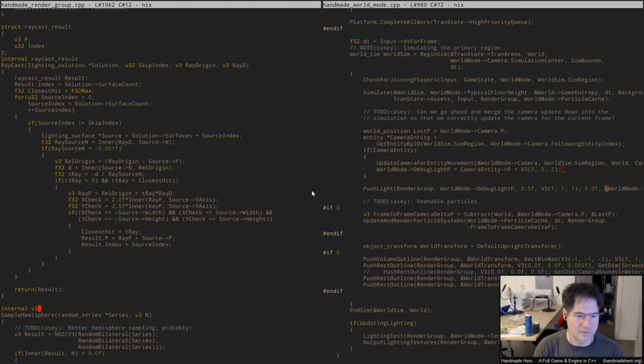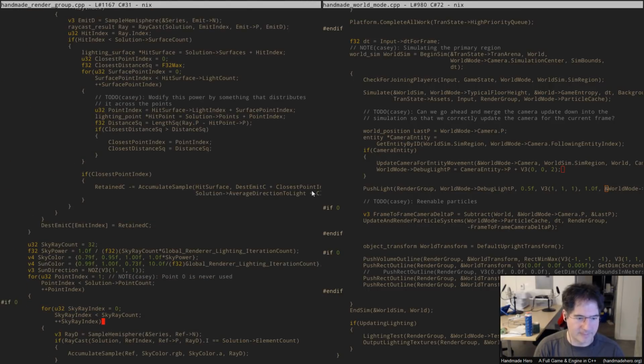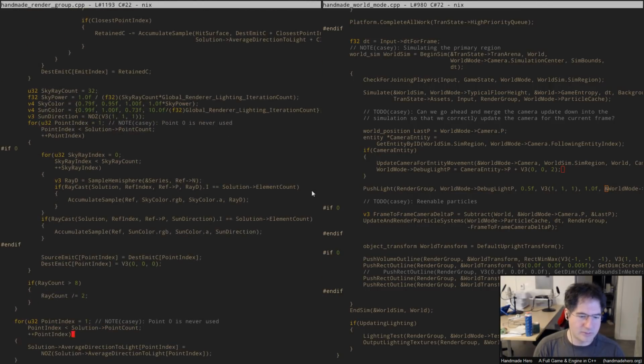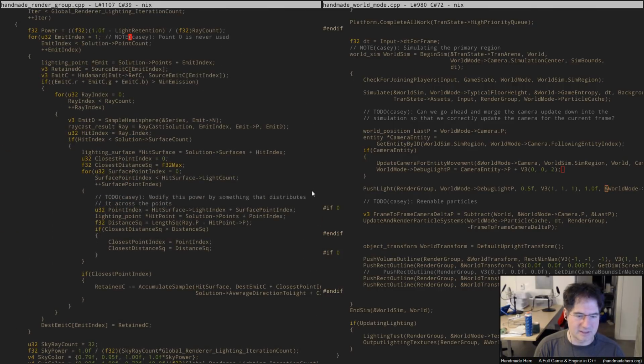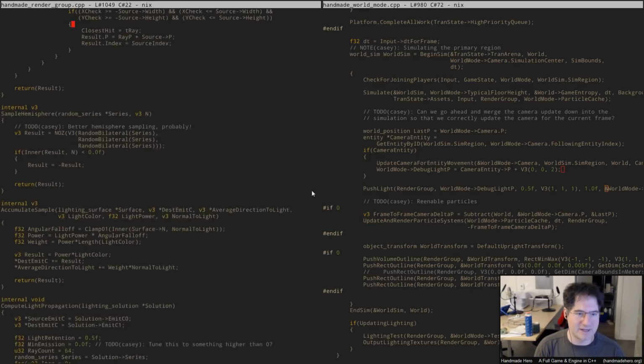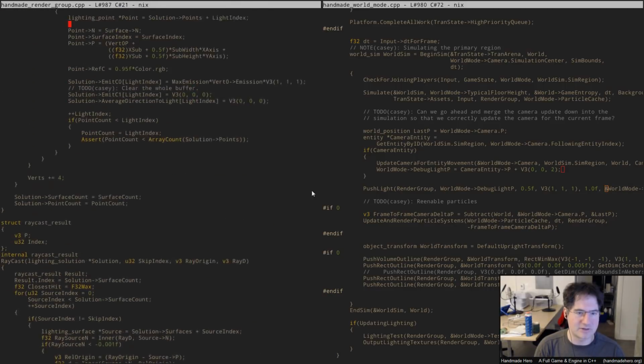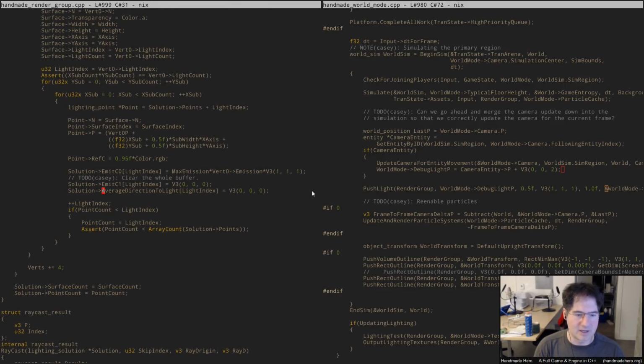Let's see how we might do this here as an example. So when we do our accumulation steps, what you can see here is the dest emit C value is getting assigned to the source emit C each time. So what we could do is just mix that in. This is going to be a really cheesy way to do this, I suppose. But we could just mix that in by saying, hey, don't clear the dest emit C1.